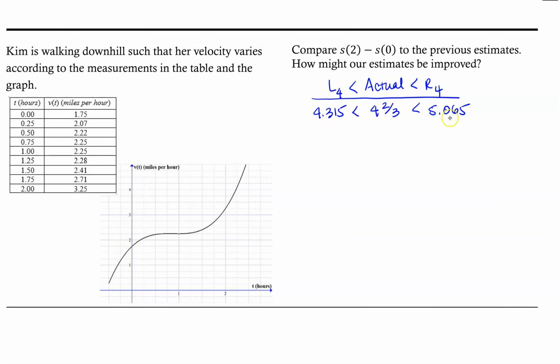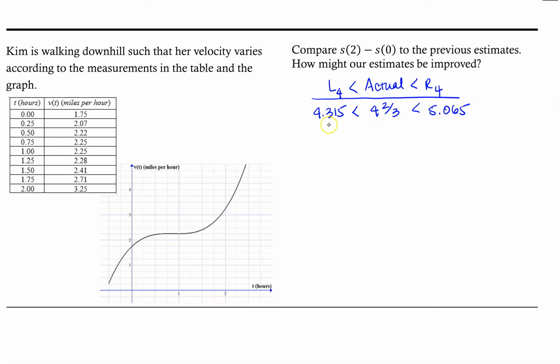And using the right endpoints of our intervals, we got roughly 5. And so you can see that the actual is in between those two values, not terribly close, but a good estimate.